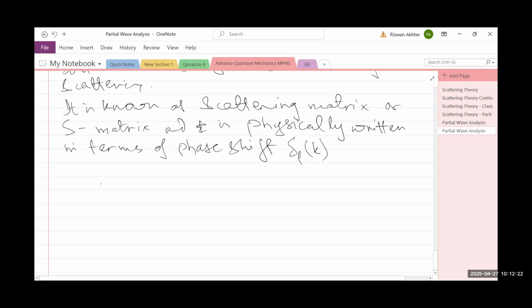How do we write it? If this is in terms of the phase shift, then this is basically written as S sub L of k, which equals e to the power 2 iota delta L of k. So this is S, that is the S matrix, and this quantity is the phase shift.